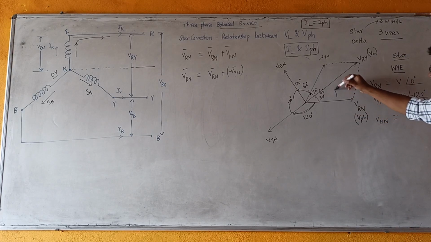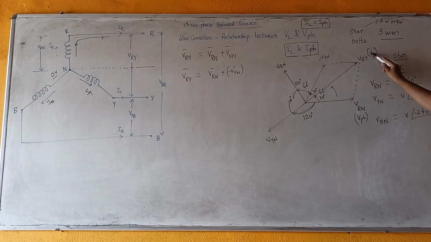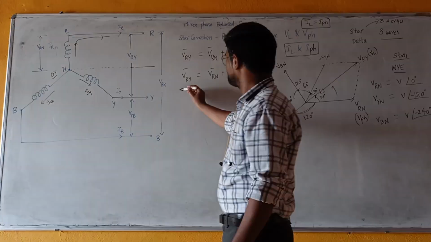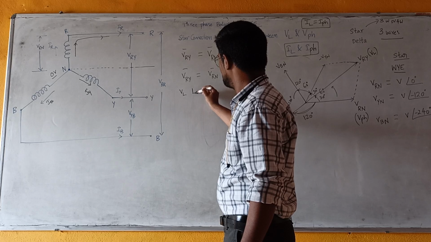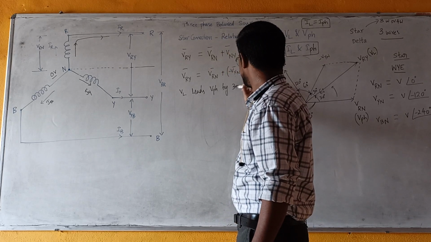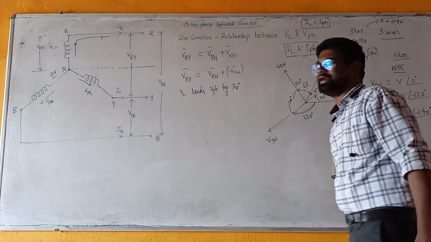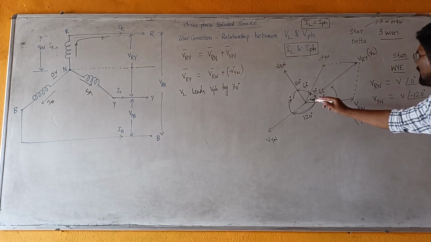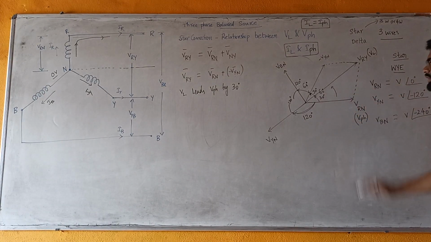This 30 degrees is in the anti-clockwise direction, which means that line voltage leads the phase voltage by 30 degrees. So here I am writing: line voltage leads phase voltage by 30 degrees. This is one of the important relationships between line voltage and phase voltage.